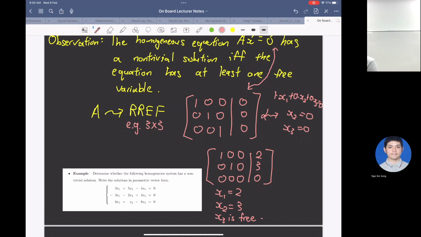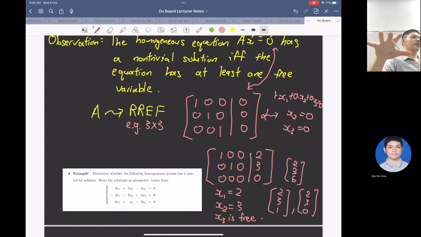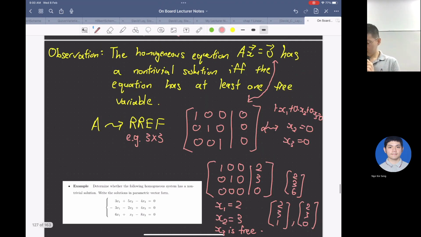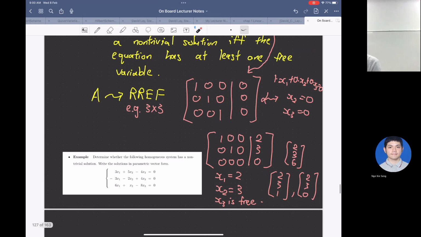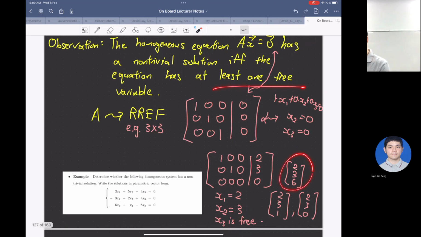So what does free mean? The solution can be 2, 3, 1, or 2, 3, 0, or 2, 3, 6; all are solutions. So there are infinitely many solutions. If you have one free variable, it forms a line; with two free variables, it forms a plane. These lines and planes pass through the origin because the origin is always a solution. With at least one free variable, you can have infinitely many solutions because you can choose any number you want for that variable.